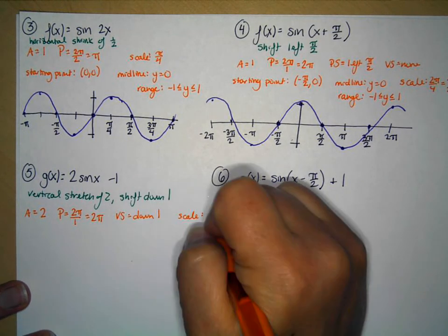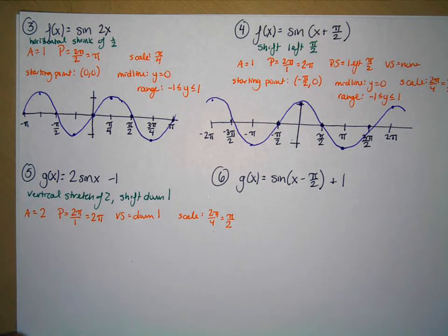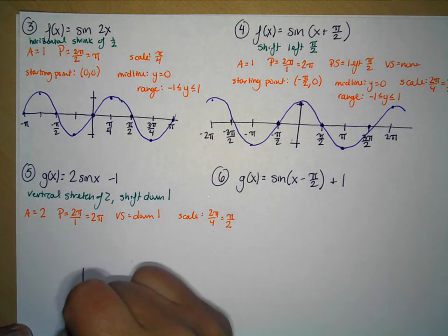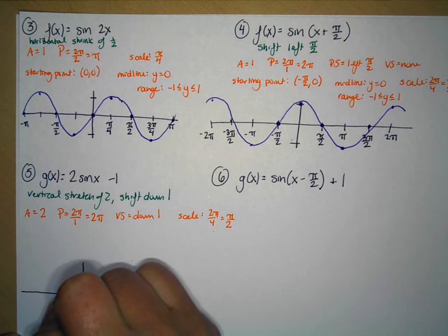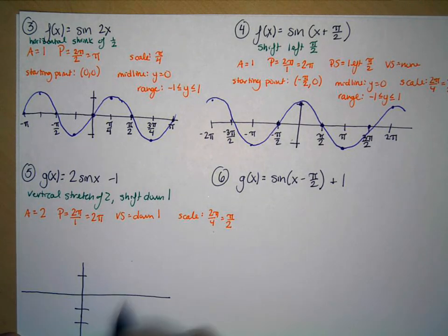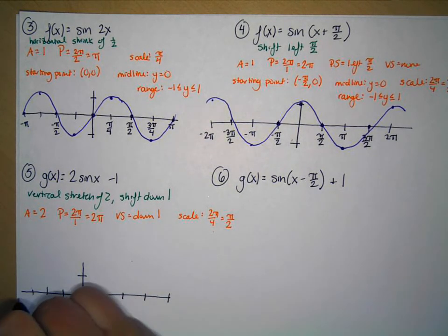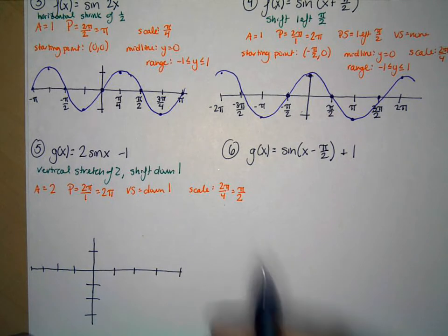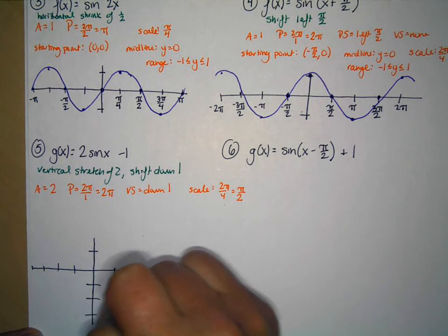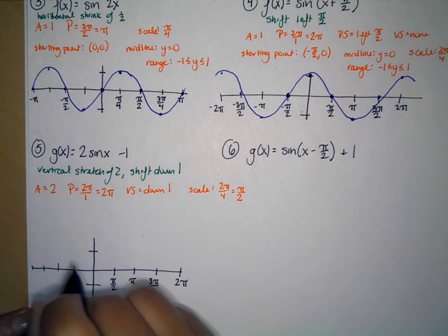Our scale, our period divided by 4, 2 pi divided by 4, we've already seen is pi over 2. A little squished on that side there. All right, so 1 pi over 2, pi, 3 pi over 2, 2 pi.